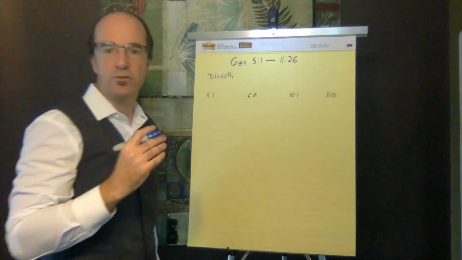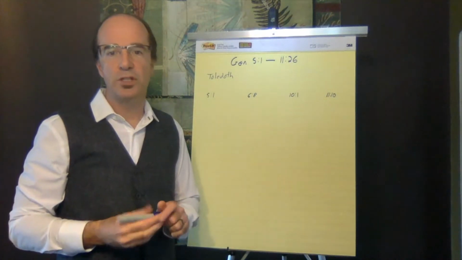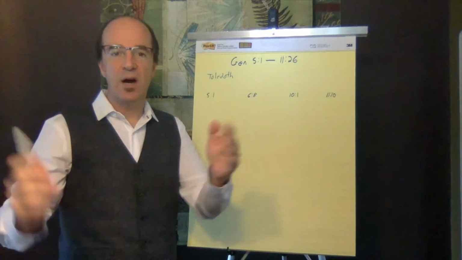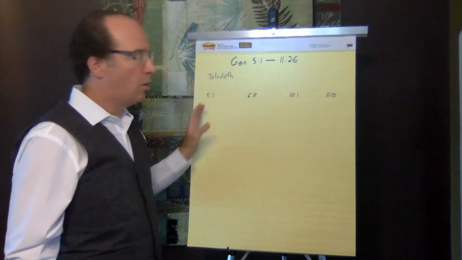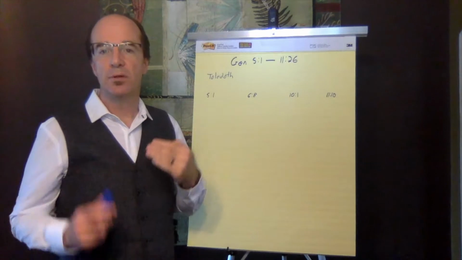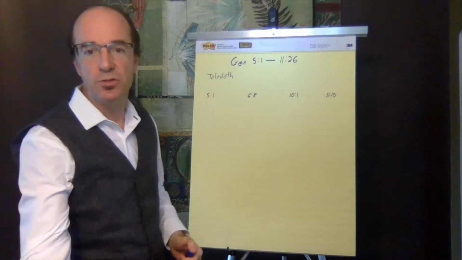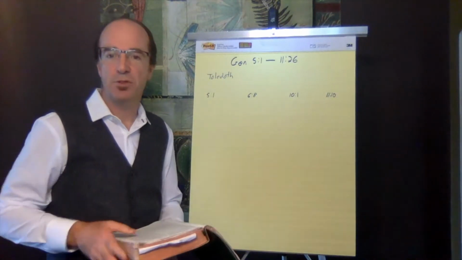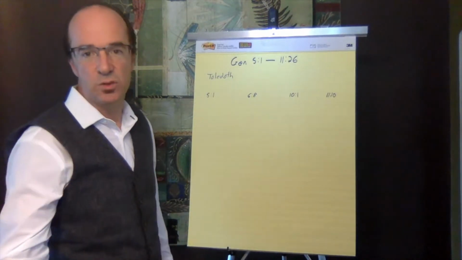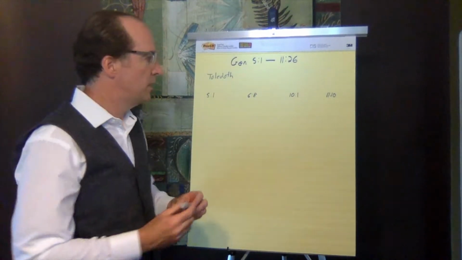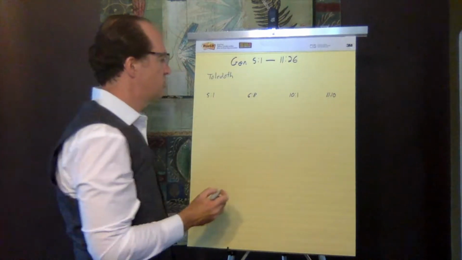So we have these various generations which essentially trace out the spread of humanity from Adam all the way until a genealogy that captures Abraham's father in 11.26. And we see the first mention of Abram at the very end of this in 11.26.